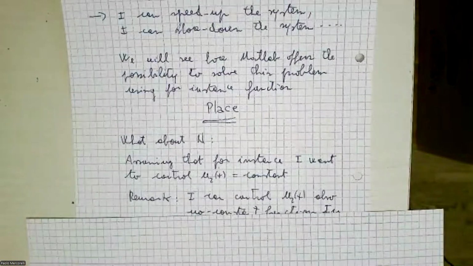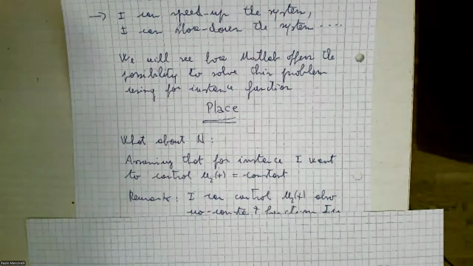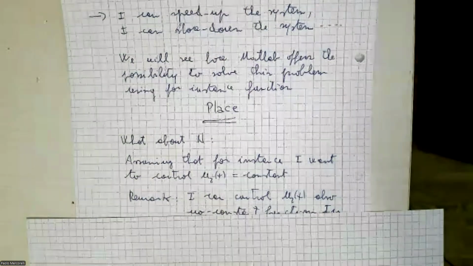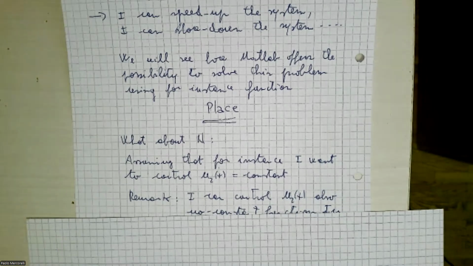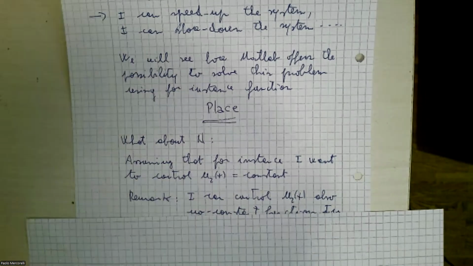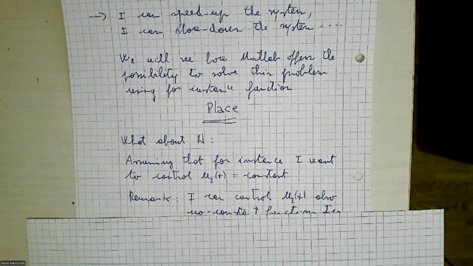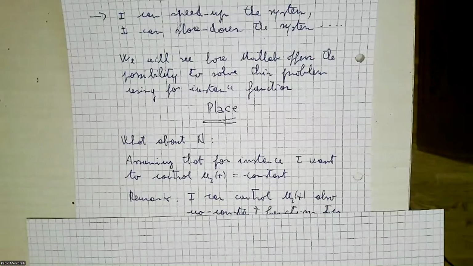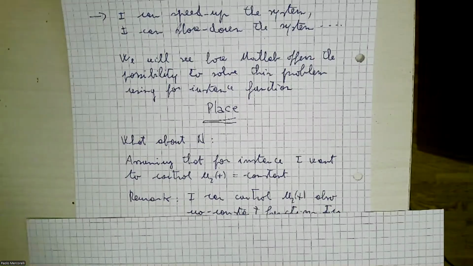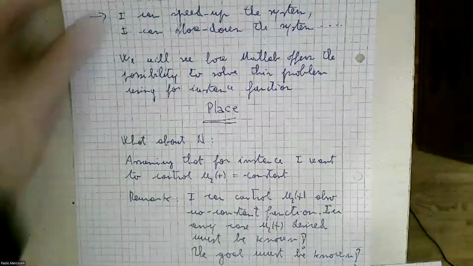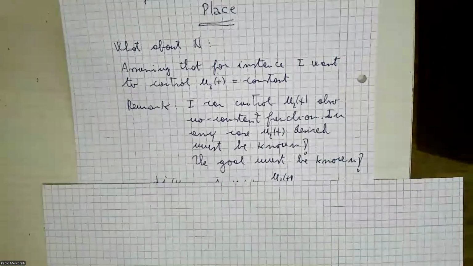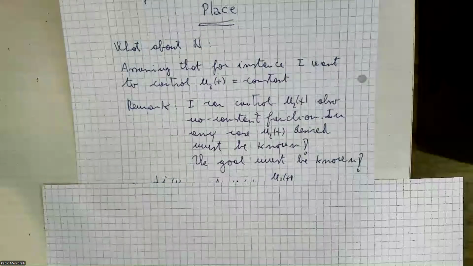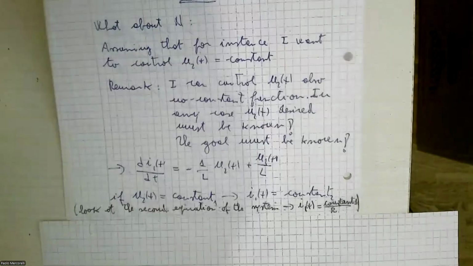Now, to simplify and conclude quickly, let me consider that I want to control the voltage of the capacitor U2 at a constant value. What happens if it's not constant? We will see a little bit next week. But let me introduce this concept of the parameter, using U2 as a constant.